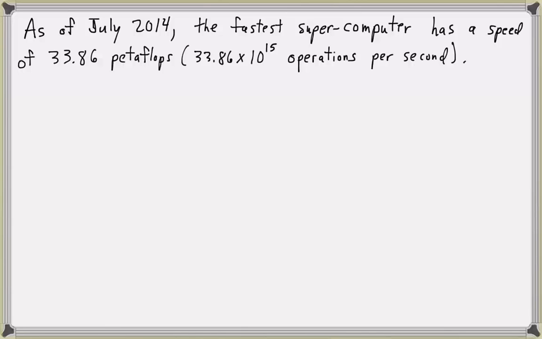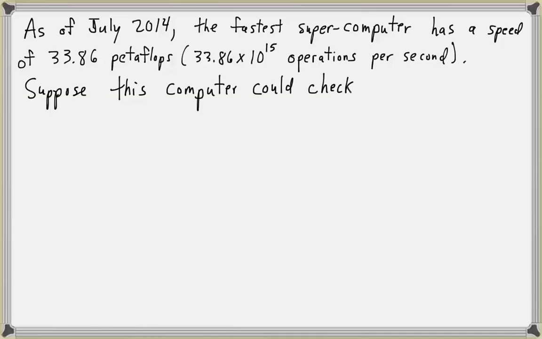So suppose that each one of these operations could check one prime to see if it's a factor of n. So suppose this computer could check one prime for each operation.